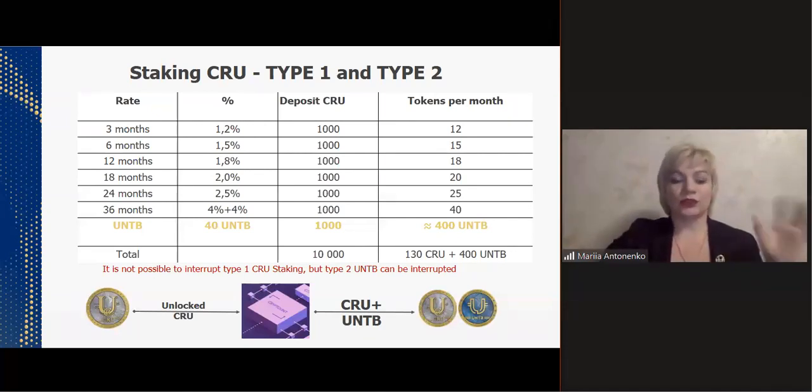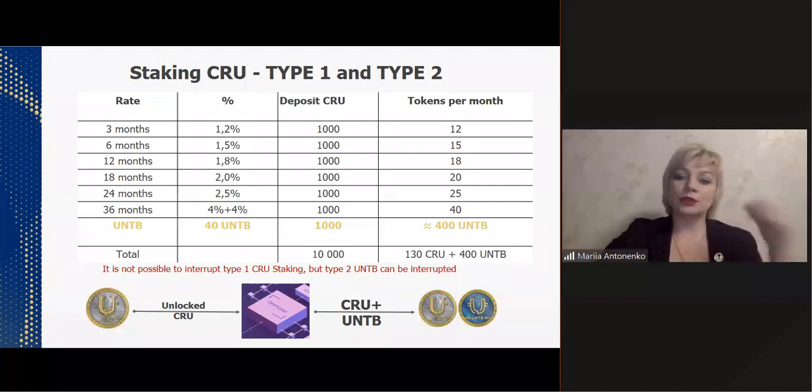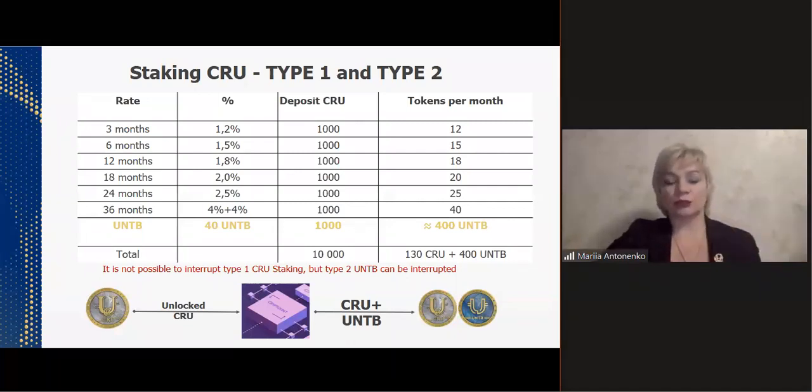When we stake World CRUs for UNTB or locked CRUs for UNTB, we receive income every minute because the issue of UNTBs happens one block in half a second. In 1 minute, there will be several dozens of UNTBs mined.